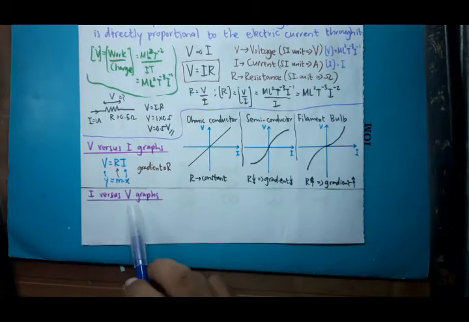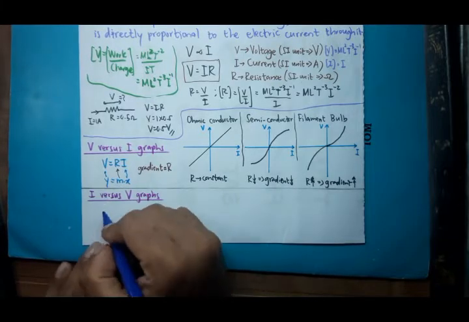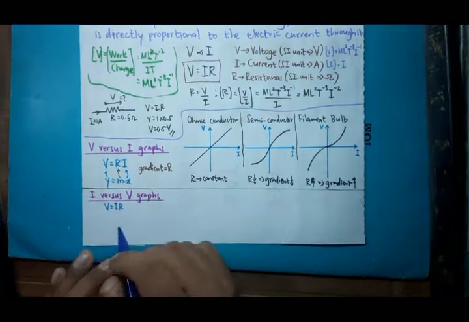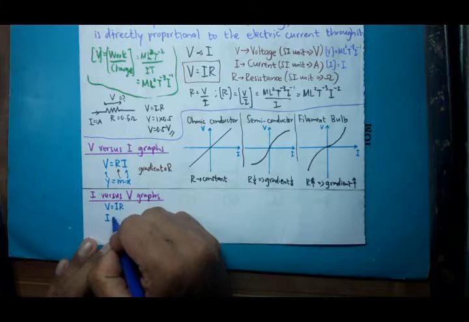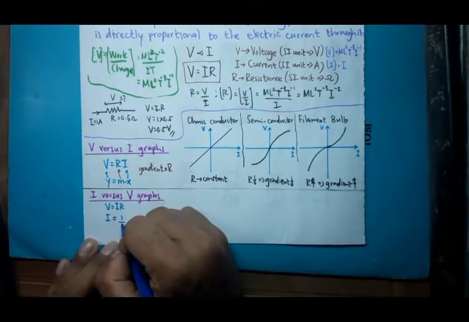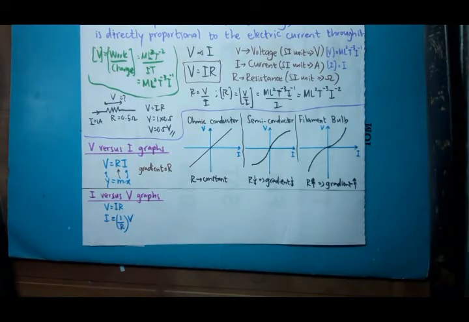When you say I versus V, you should understand that I should be on the y-axis. So I'll quickly write this equation again: V equals IR, and I have to make I the subject. When you make I the subject, the equation gets altered: you keep I on this side, take R to the other side, so it will be 1 over R. Then I will write separately 1 over R into V. The graph will be like that. You can compare it to y equals mx.